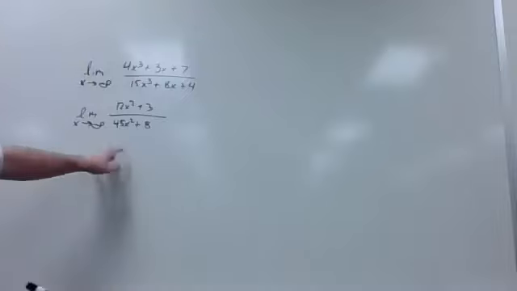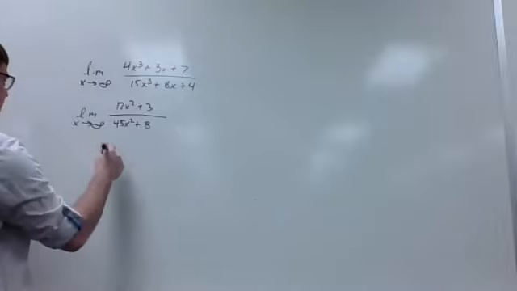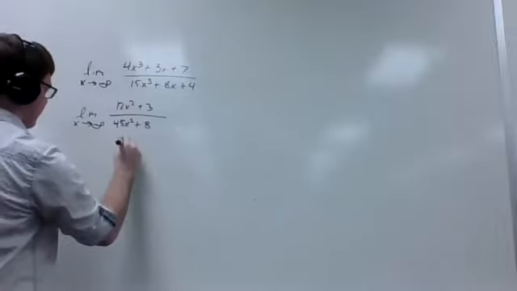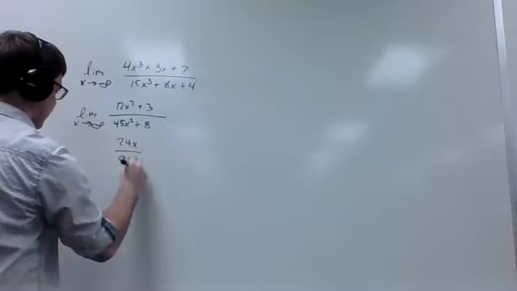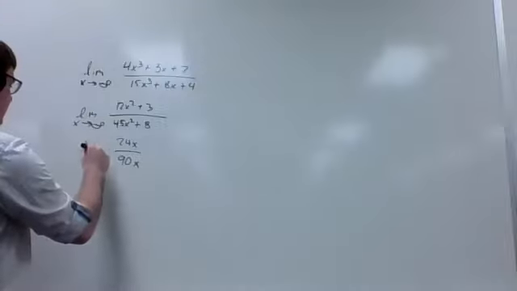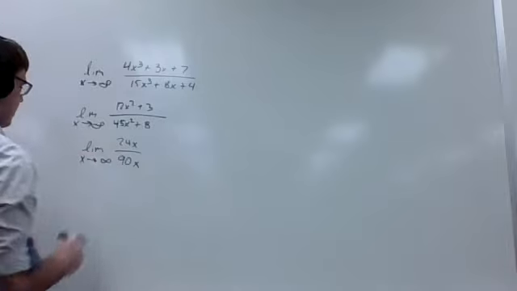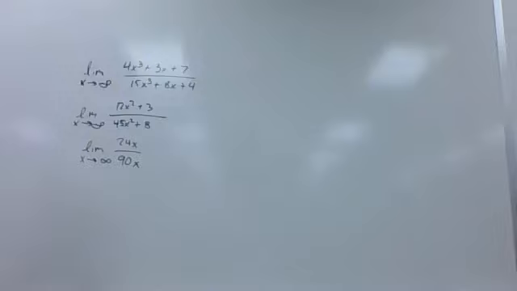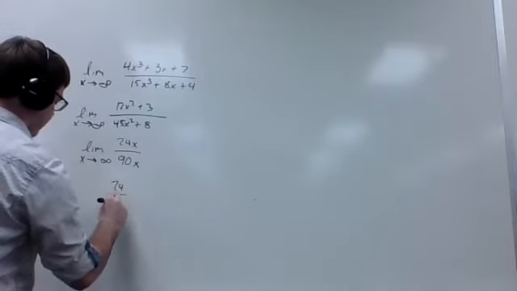If we plug in infinity again, we get infinity over infinity, so we can do it one more time. The derivative of the top is 24x, over 90x. If we plug in infinity, we're still getting infinity over infinity, so we can do it again. And if we take the derivative, that's simply 24 over 90.